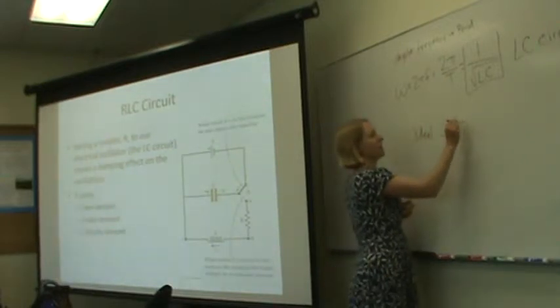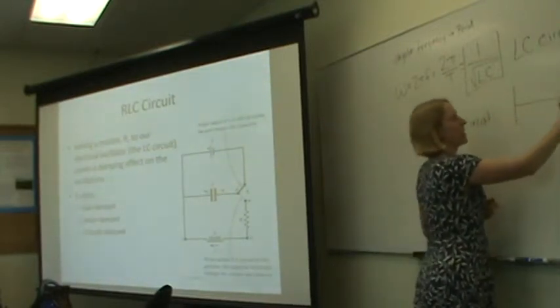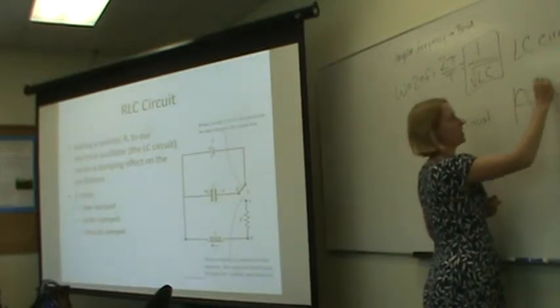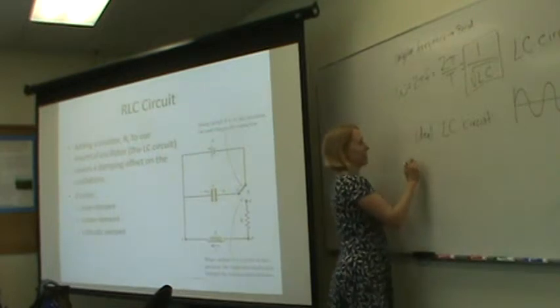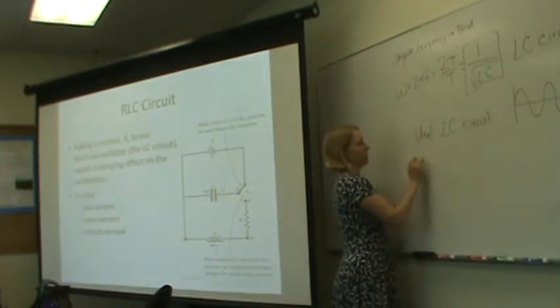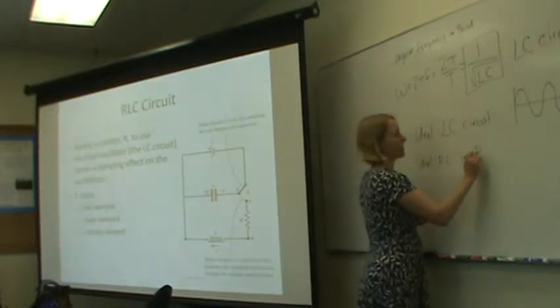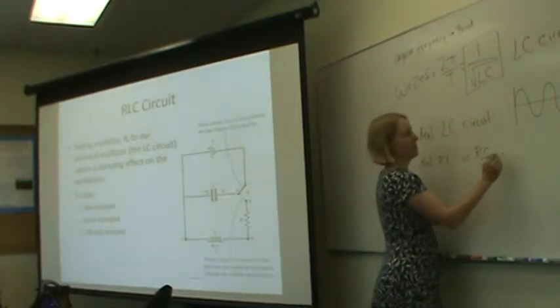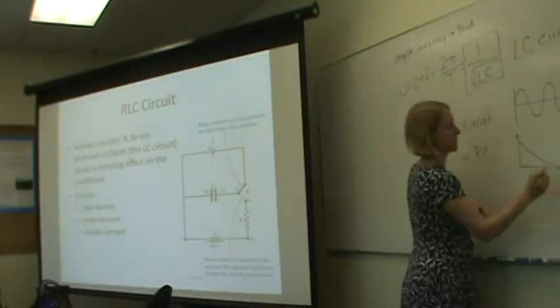An ideal LC circuit creates that oscillating current that doesn't decrease with time. And then an ideal RL or RC is going to have the decay as a function of time.